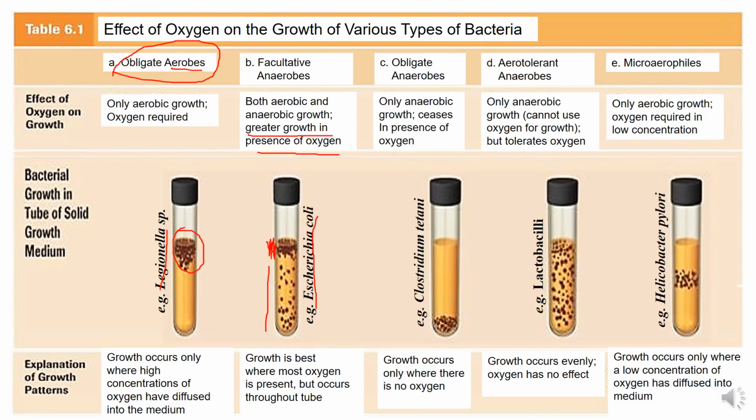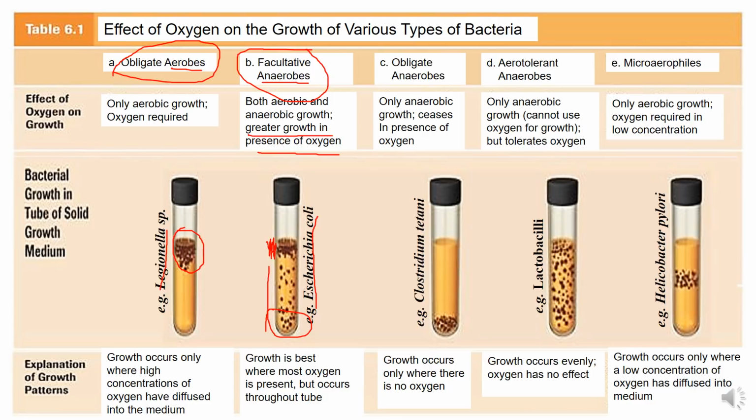These kind of bacteria are known as facultative anaerobes. Anaerobes are bacteria that grow in the absence of oxygen. So since E. coli can grow in the absence of oxygen, as you can see at the bottom of the tube, we call them facultative anaerobes.